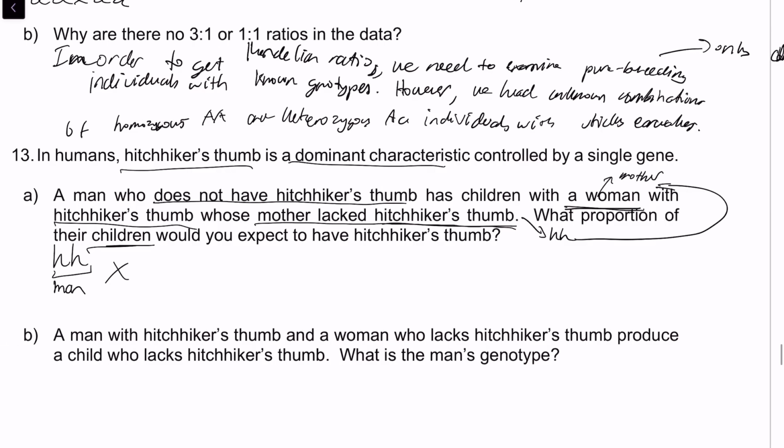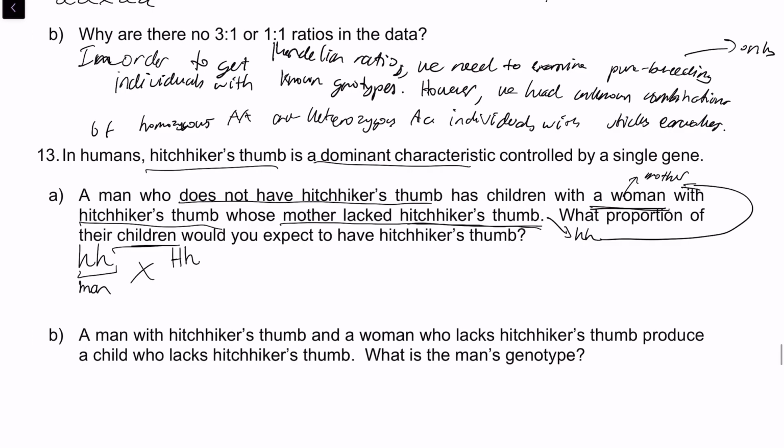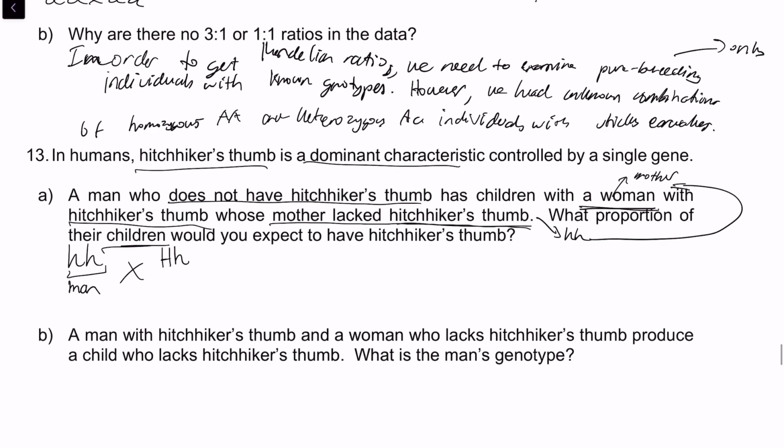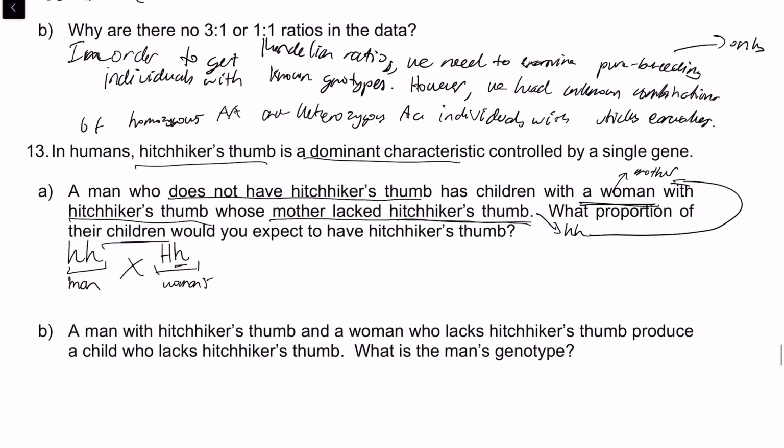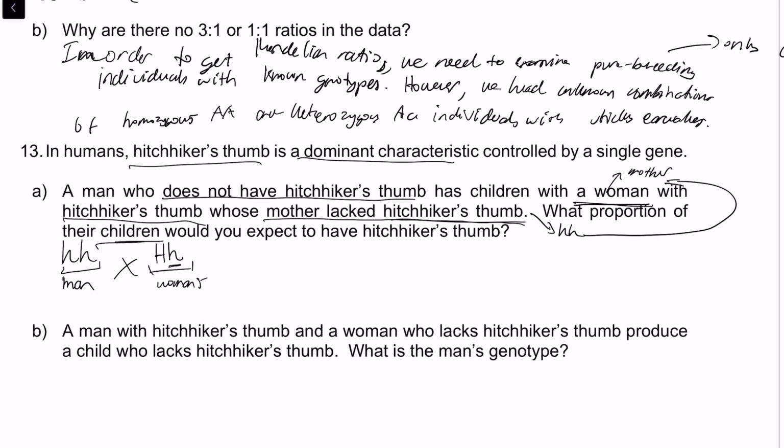So that means that the woman has to be heterozygous for the dominant characteristic, okay? Hitchhiker's thumb, right? So that is the woman's genotype, okay? We know that because they must have gotten the recessive lowercase h from their mother, because those were the only alleles that the mother could give for this woman, okay?